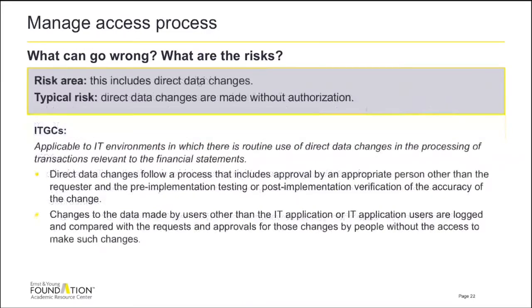So typical risk: direct data changes are made without authorization. So this is applicable to IT environments in which there is routine use of direct data changes in the processing of transactions relevant to the financial statement.